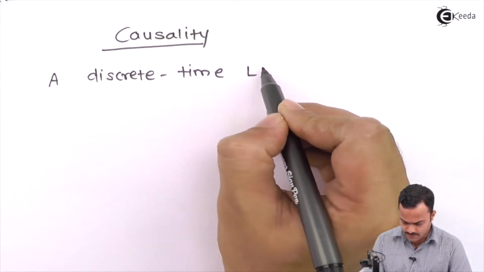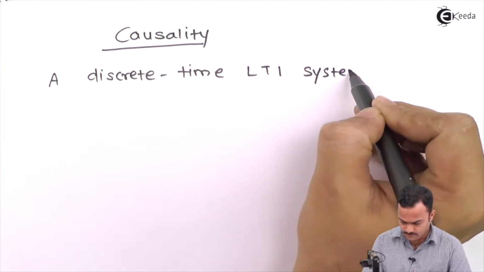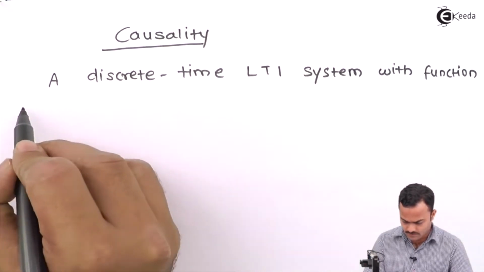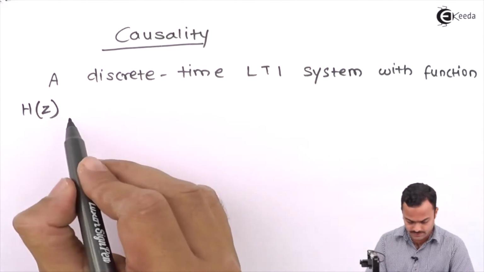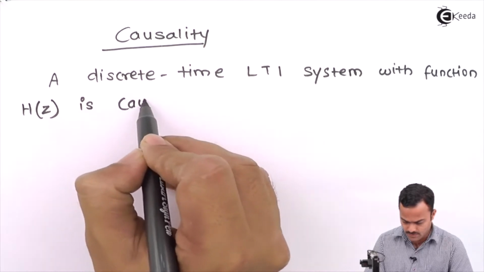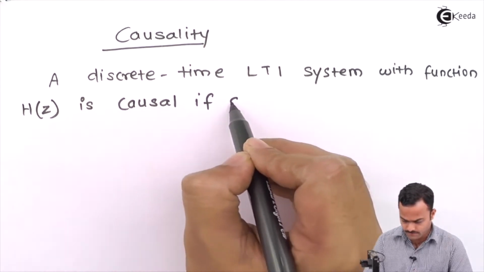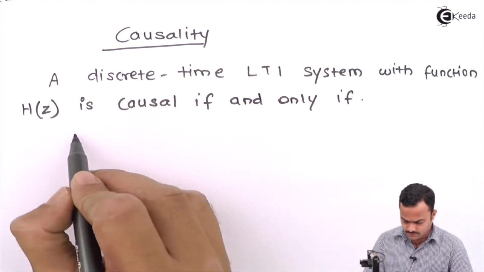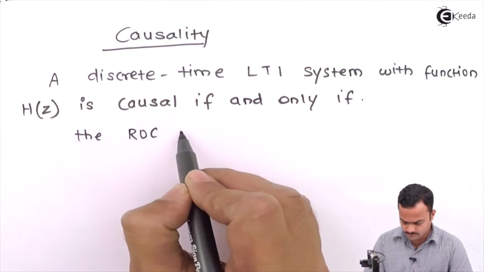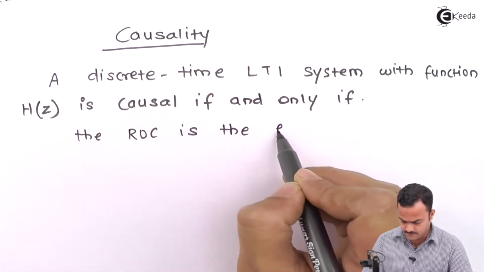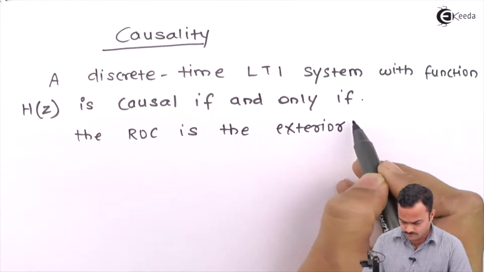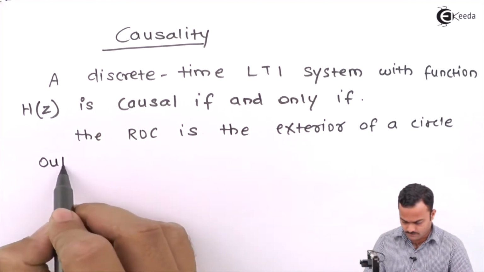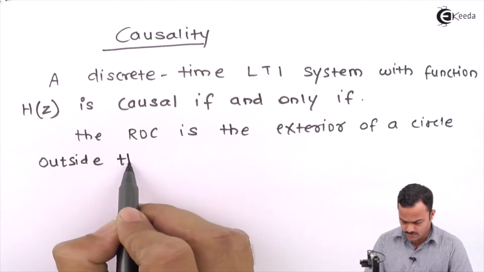A discrete time, linear time invariant system with function h of z as an impulse response is causal if and only if the ROC is the exterior of a circle outside the outermost pole.